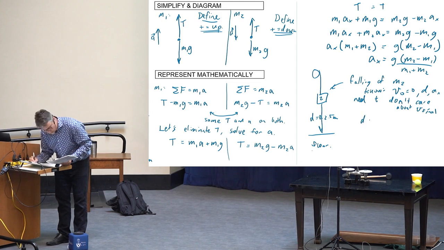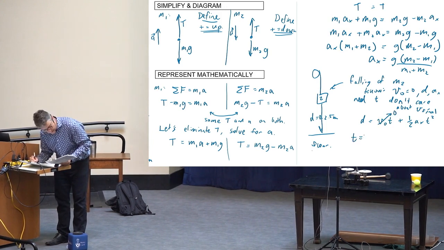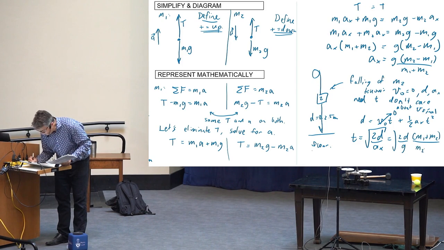The equation I'm going to use is that the x distance is v0 t plus 1/2 a times t squared. Since v0 is 0, you can solve for t: t is equal to the square root of 2 times d divided by a sub x. If you plug in your equation for a sub x, you get the square root of 2 times d divided by g times m1 plus m2 divided by m2 minus m1.